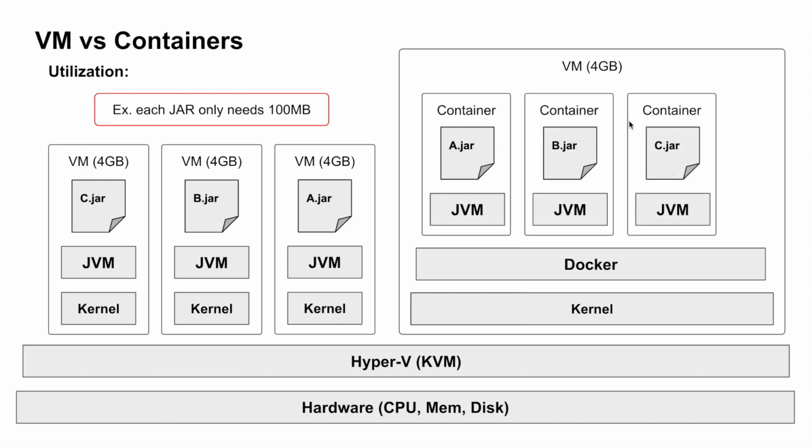I would have so much memory left over that I could even scale out c.jar as well, so c.jar has high availability. I have multiple instances running, but really I only have to pay for one virtual machine, because it has enough resources to be shared between all the containers.